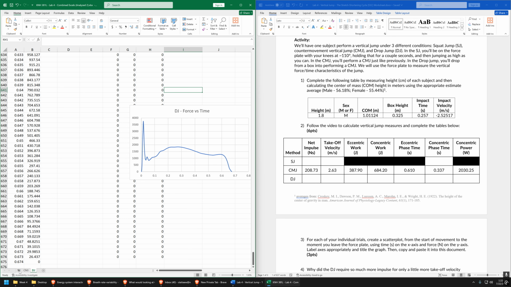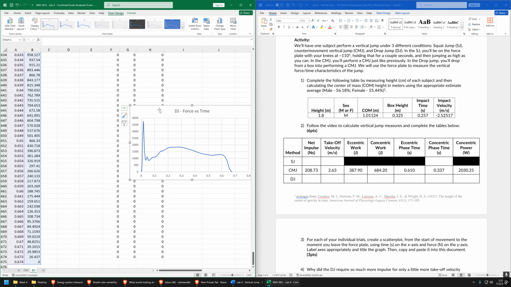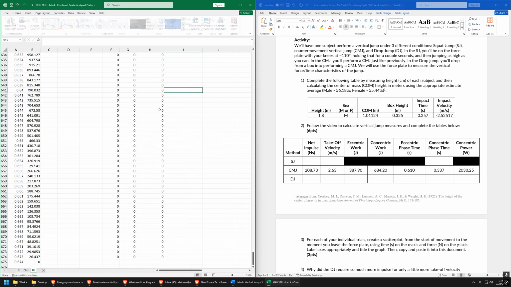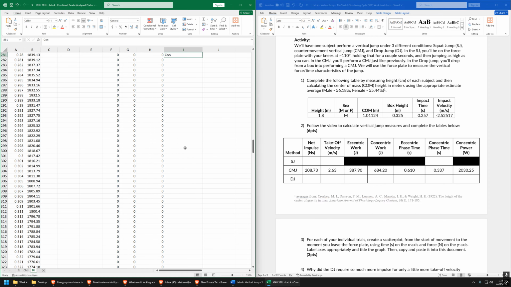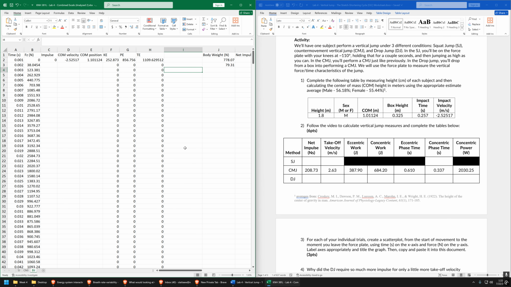But before we do it for the squat jump, let's finish up the drop jump. I'm going to move this up top, just so it's easier to find. Great. So here we are going to do the impulse first. So equals parenthesis, two parentheses, sorry.